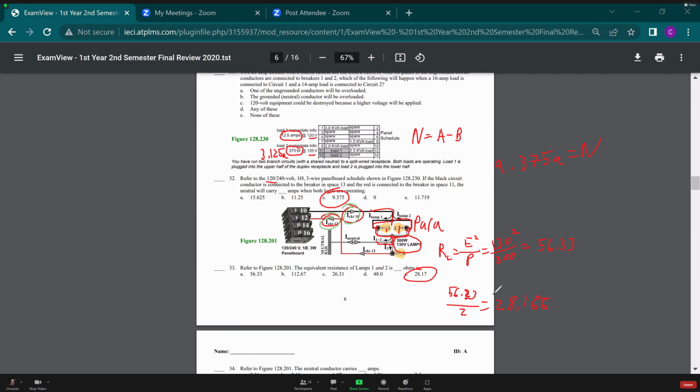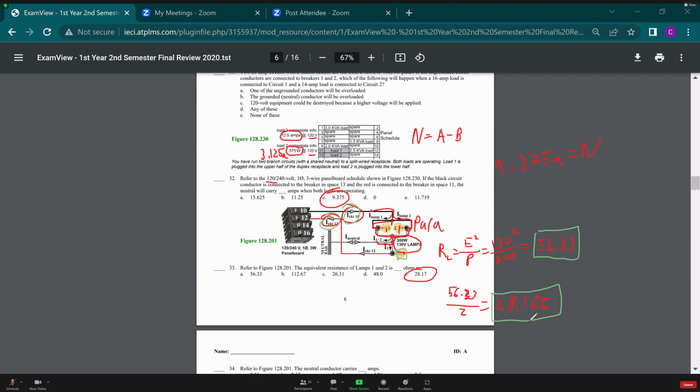I already know the resistance of 1 and 2 is 28.17, and the resistance of lamp 3 down here is 56.33. That's just off on its own. So if I find the amps for each of these, I can subtract and find the difference.